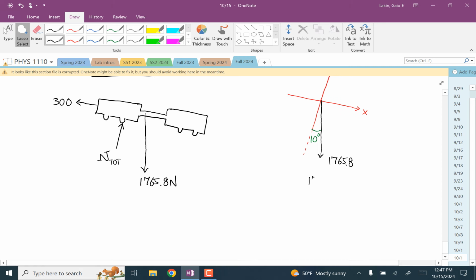So this is going to be 1765.8 times the cosine of 280 and 1765.8 times the sine of 280.